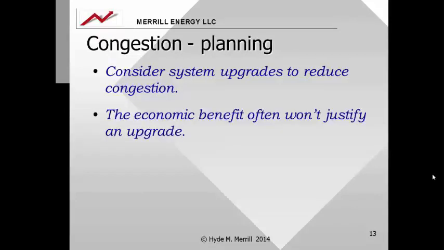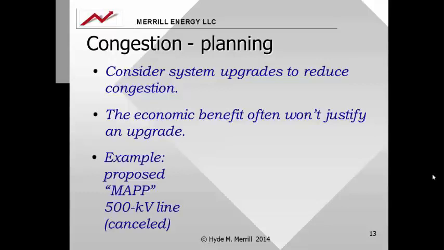The problem is that the economic benefit of an upgrade often won't justify the upgrade. Here's an example. The MAP line was a proposed 500 kilovolt line going from points southwest of Washington, D.C., due east, across the Chesapeake Bay, and terminating on the Delmarva Peninsula.